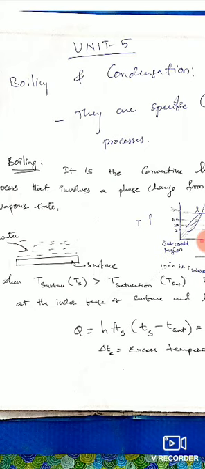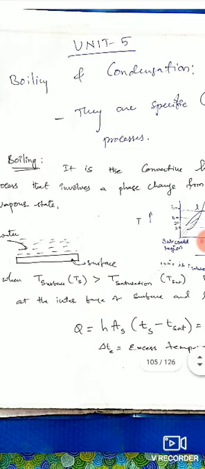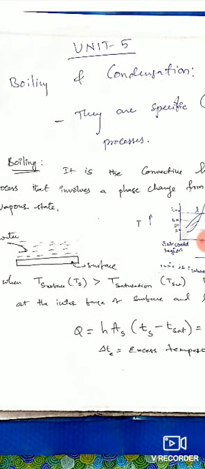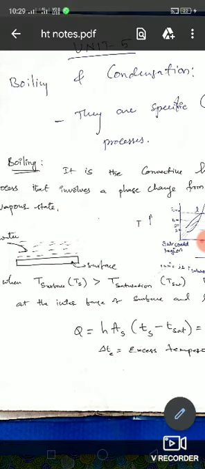Now here the surface temperature, say Ts, is greater than the saturation temperature of the liquid. For converting liquid to vapor, the surface temperature must be greater than the saturation temperature. We need to remember this point.